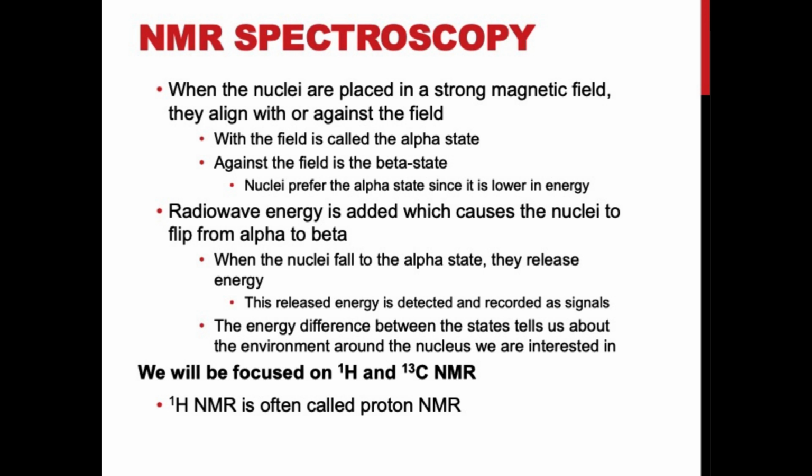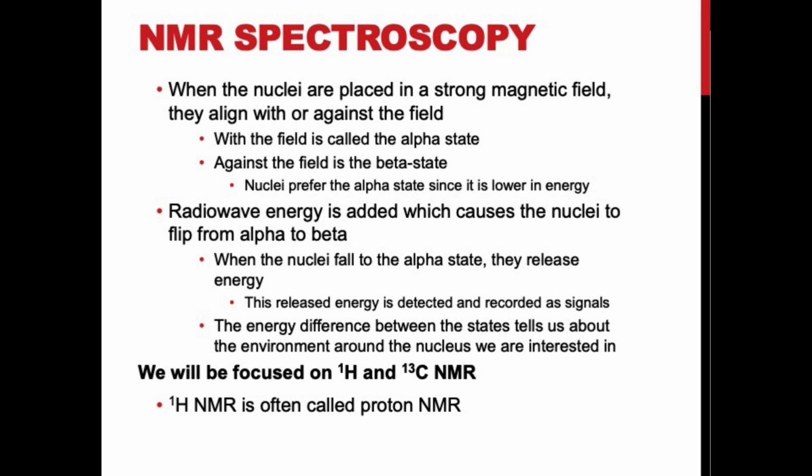So we are going to focus mainly on proton NMR because we're not going to have a ton of time. But there's proton NMR, and then there's a thing called carbon-13 NMR. So the proton NMR tells us where all the hydrogens are, like tells us their environment, and then the carbon NMR tells us the environment of all of our carbons. We're going to do the protons because proton NMRs are operationally much easier to do than carbon NMRs.